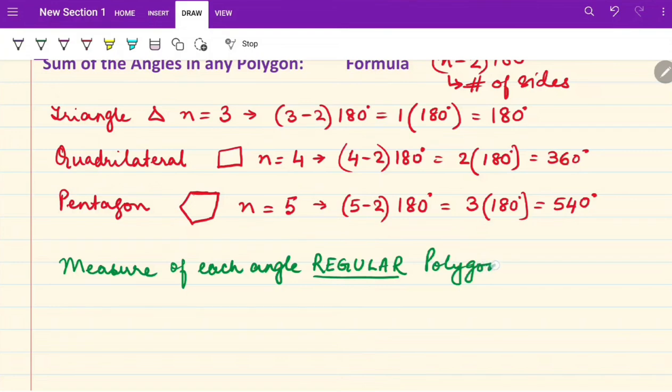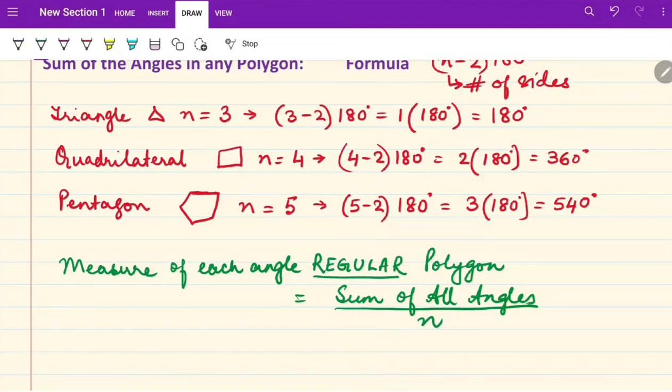The formula is to take the sum of all angles and divide by the number of sides, which is also equal to the number of angles.